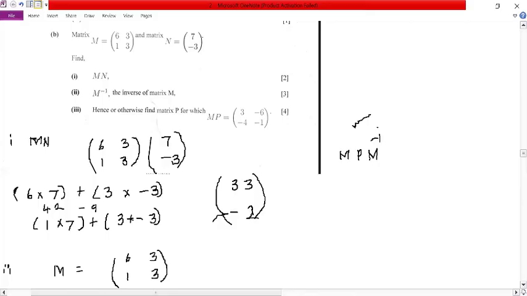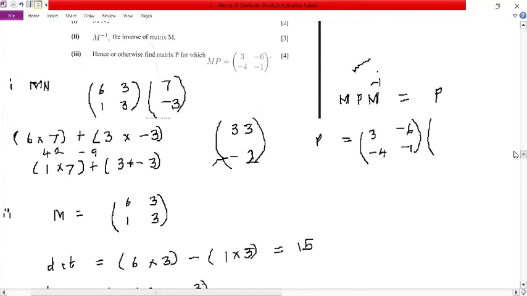If we multiply with the inverse of M, this M is going to cancel with this M, so we'll be left with just P. So to find the value of P, we take MP, which is 3, minus 4, minus 6, minus 1. Then we multiply with the inverse.